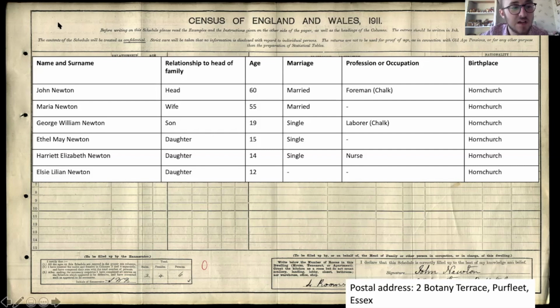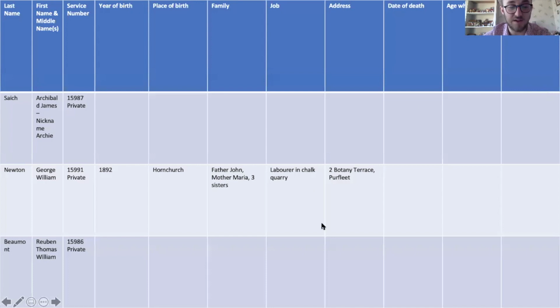Looking at his family, his father is John Newton, his mother is Maria, and he's got three sisters, Ethel, Harriet, and Elsie. So I can add that to my table. I've got his year of birth, 1892, his place of birth, Hornchurch, a father called John, a mother called Maria, and three sisters.